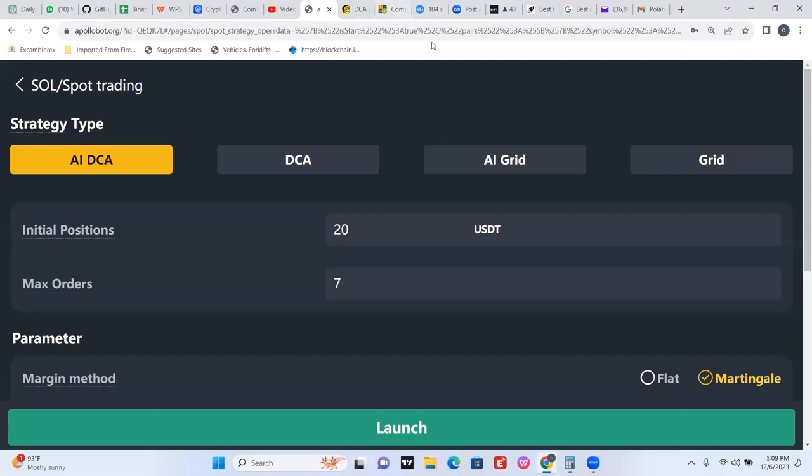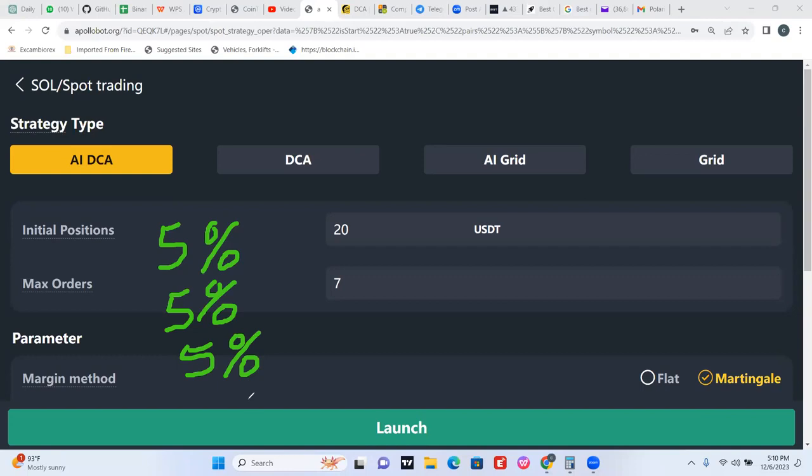Okay, so the advantage of the AI DCA is that as the coin drops in percentage, say it drops 5%, if BTC drops 5%, the AI will buy. It will buy at a lower price for you. Then if it drops again by 5%, it buys more. Okay, if it keeps dropping again, it drops another 5%. What happens? It keeps buying. So this is what you call the DCA.